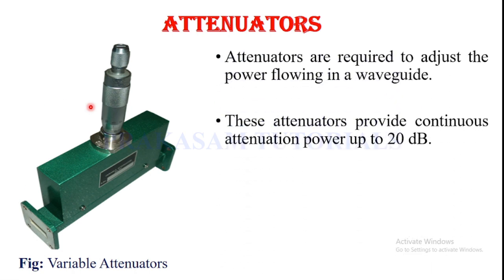A variable attenuator helps set up the attenuation with the help of fine adjustment of values, and one can check the precision of the attenuator with the use of the readings.